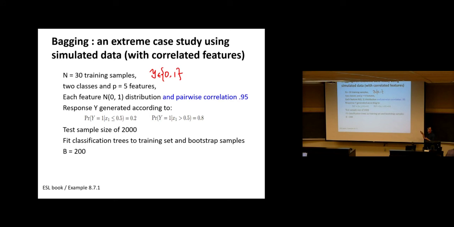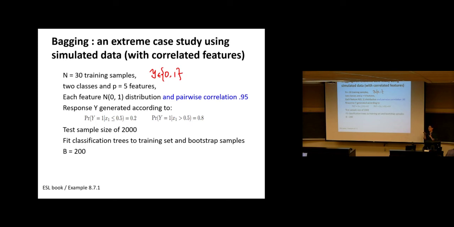You can also control the pairwise correlation among the features to be super high, in this case 0.95, which is almost equivalent to the homework 2 you did about ridge regression. If you remember, x1 and all the other features are very, very correlated with x1.